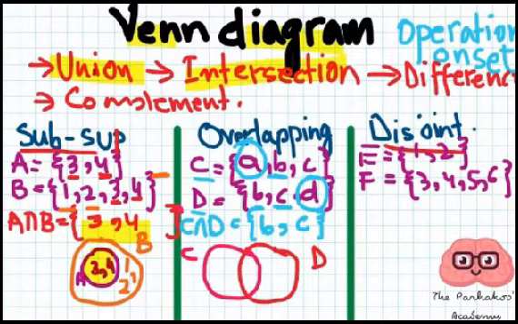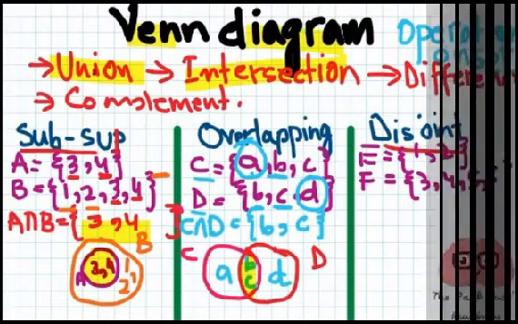So let's write the common elements first. So we have B and C common, and the uncommon are A on the side of C, and on the side of D we have D. Now since it's intersection, we are not going to color everything, we are just going to color the common part. So this shows the intersection in case of overlapping.